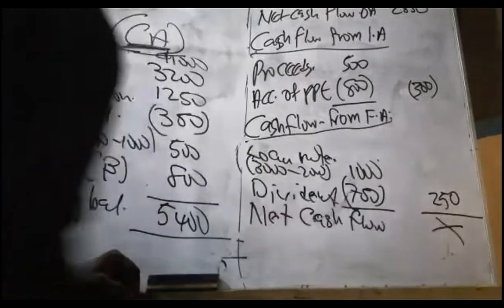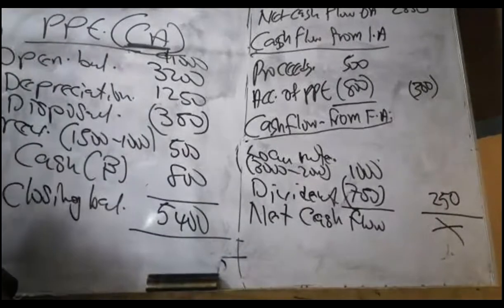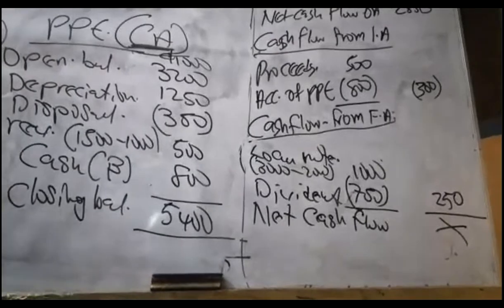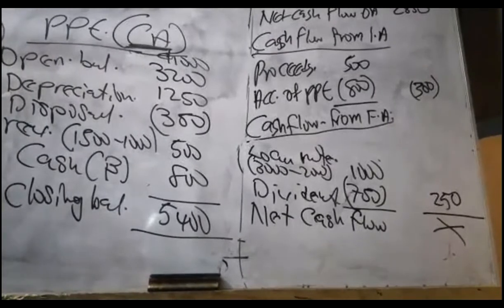Let's play a smart game. That figure you should not get wrong. Then you add the cash and cash equivalents at the start of the year. We've explained cash and cash equivalents at the inception of the program, so if I've not gone through it, kindly use the first section to go through.